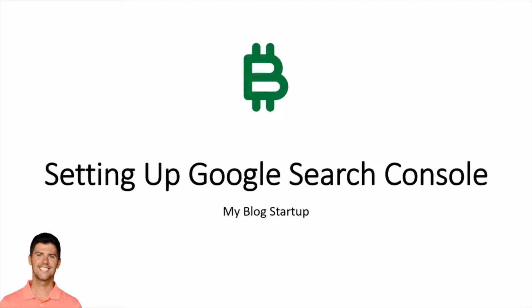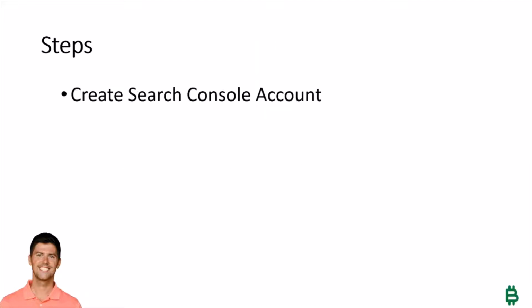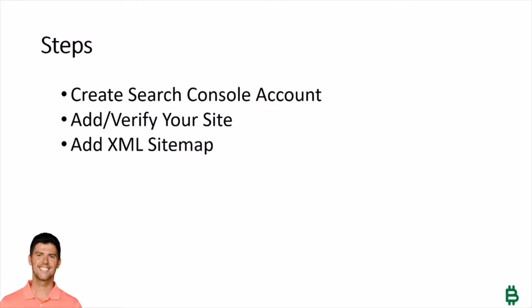But basically, this video is going to walk you through how to create your Search Console account, how to add and verify your site, and then how to add your XML sitemap, because that's what you're going to need in order to be found on Google. So you need to add your XML sitemap. Again, Yoast SEO makes it super easy for this.